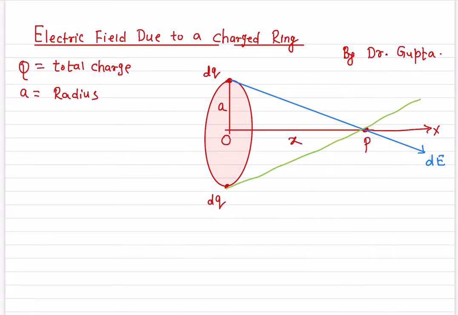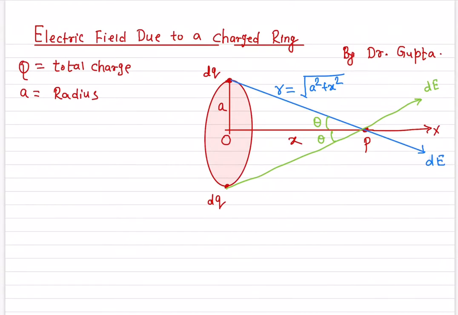The electric field will be again in this direction. So let's call this dE one more time, and we assume this angle is theta, and this angle will also be theta due to the symmetry. This distance is x, this distance is x, this is a, so by Pythagoras theorem r will be equal to the square root of a squared plus x squared.